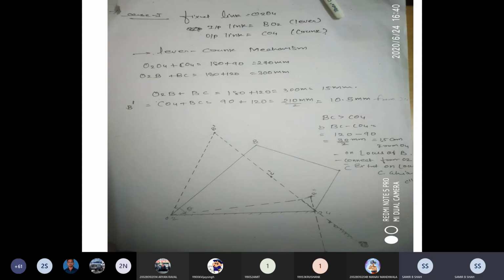So we have to take 30 mm from O4. We have to take 30 mm from O4.